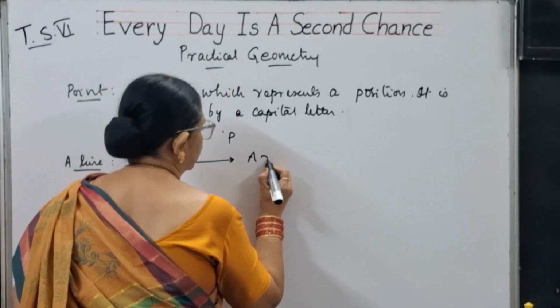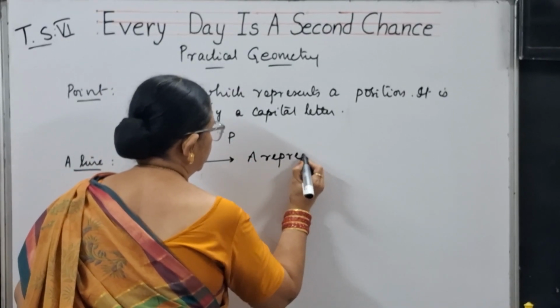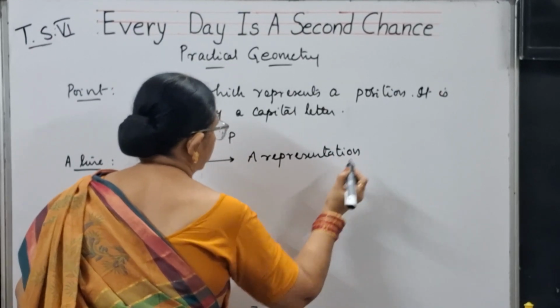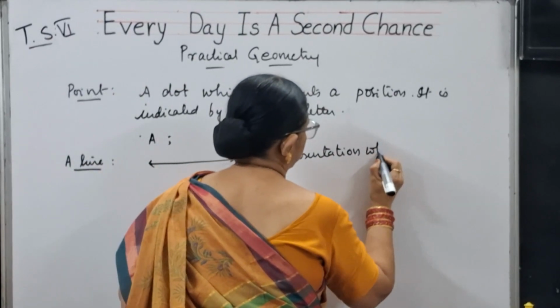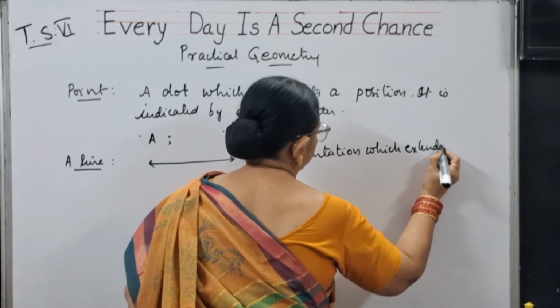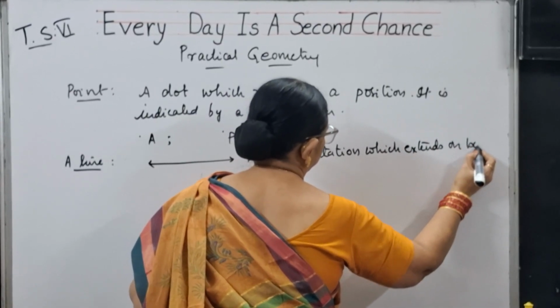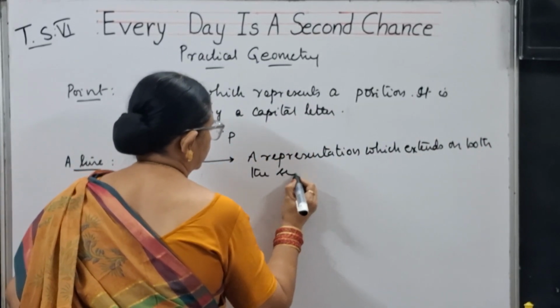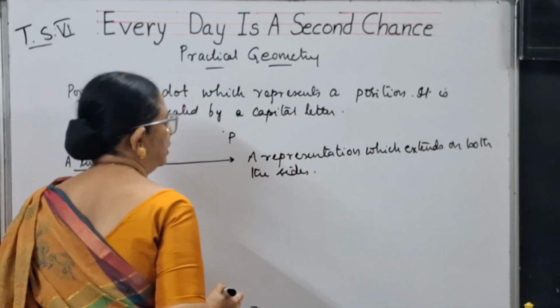You can write it like this: a representation which extends on both the sides.